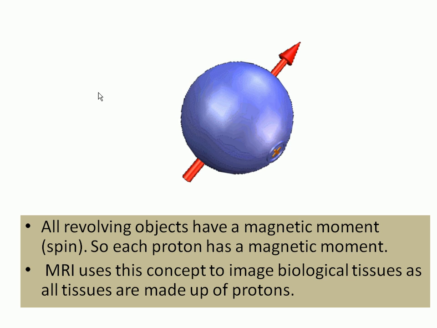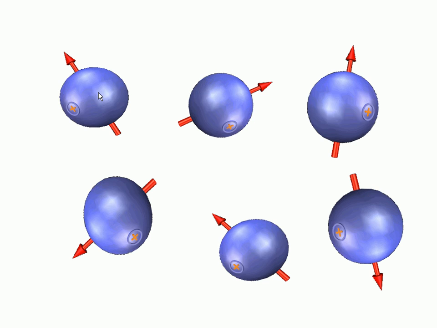Now we have to look at the physical basis of MRI. We know that all revolving objects have a magnetic moment, and each proton in the body has a continuous rotation. But all these are rotating in different axes, so there is no net magnetic potential in the body.